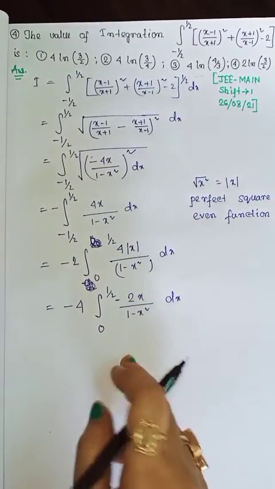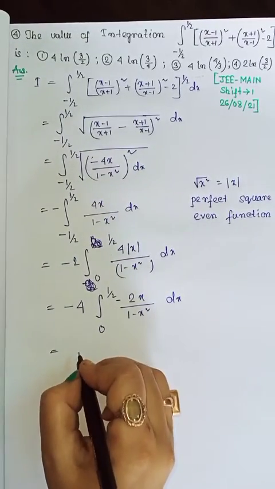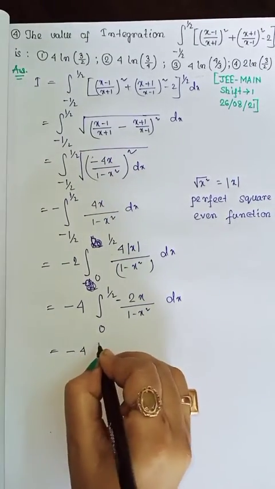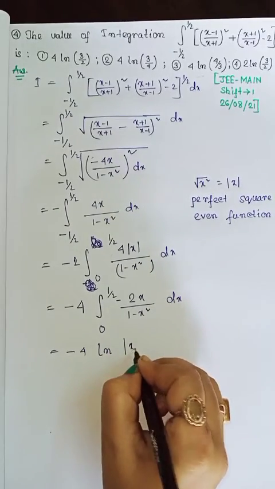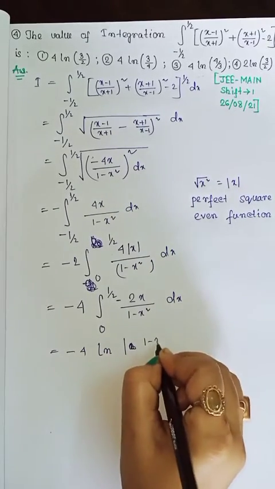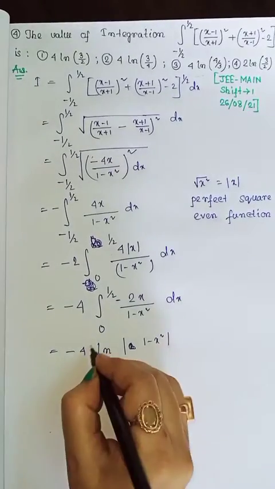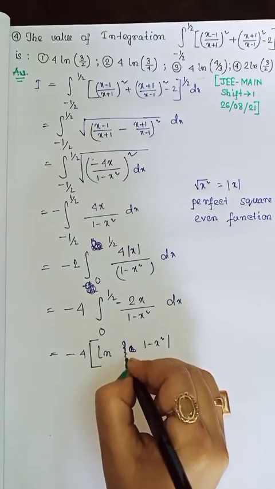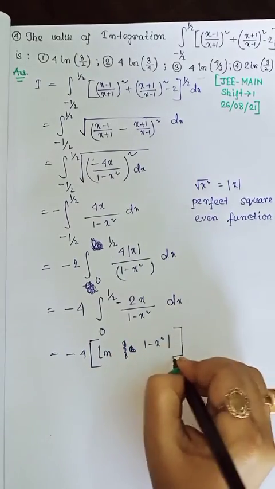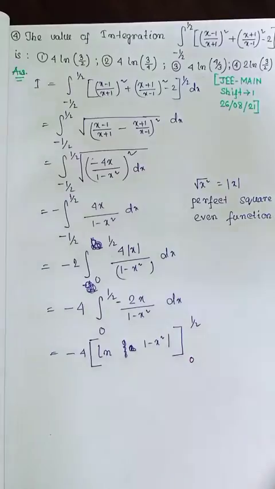Now when we do the integration, we get minus 4 ln mod of 1 minus x square. This one is in the bracket, between the limits 0 to half.